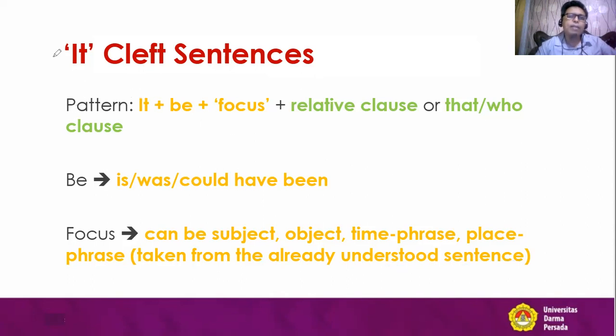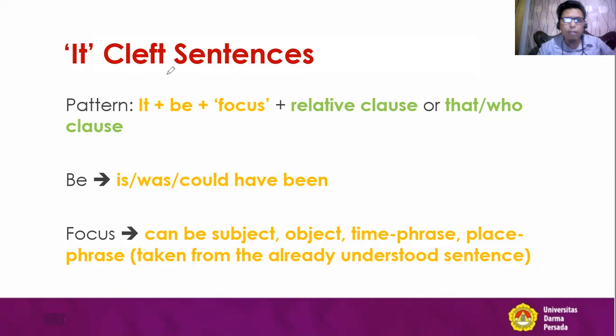So everybody, we focus on this pattern: it and then is, was, could have been. And then after that, we have the focus or the emphasis of the sentence. And after that, we have a clause with the connector that, what, when, where. Okay, so that is the pattern.